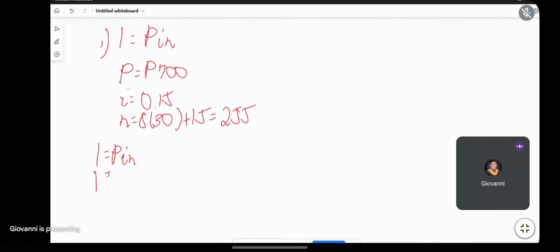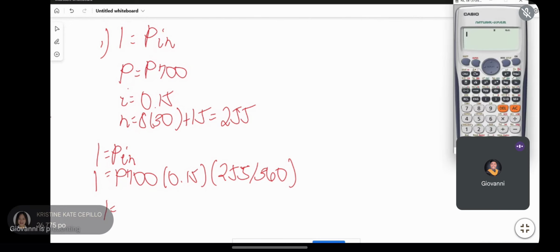So I is equals to 700 times 0.15 times 255 divided by 360. So, computing for I, we have 700 times 0.15 times 255 divided by 360.